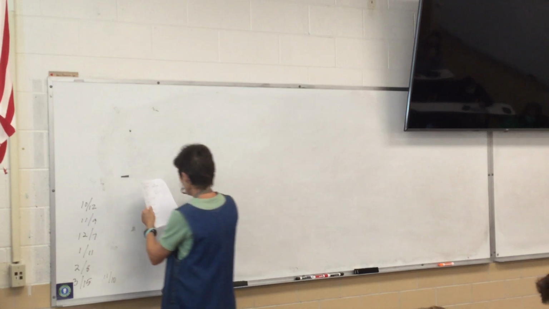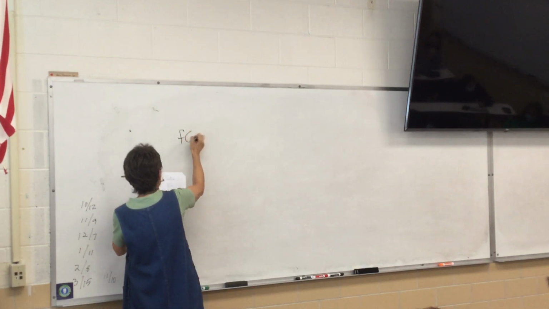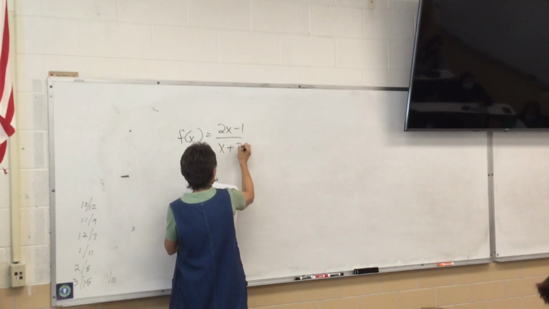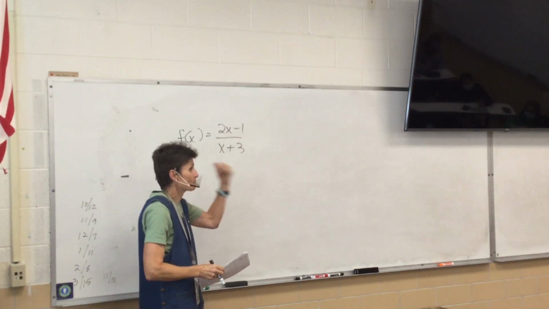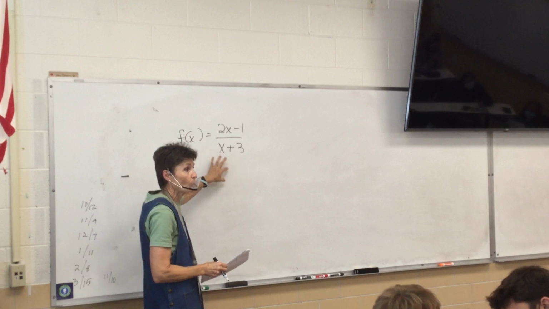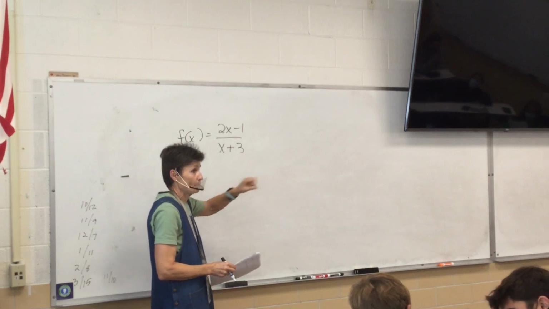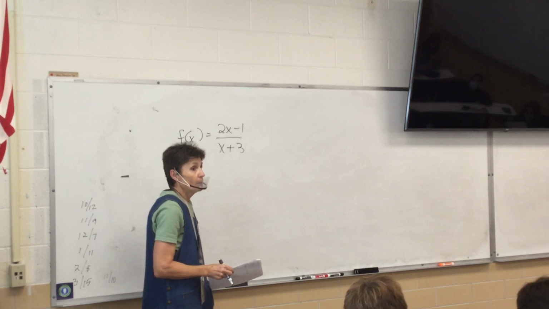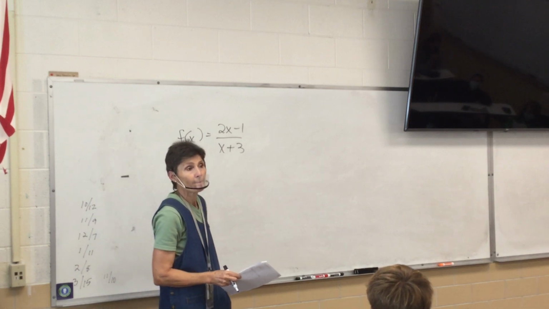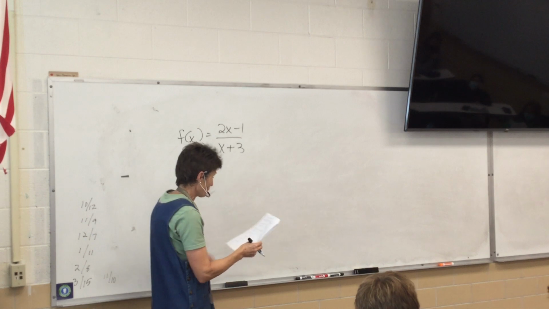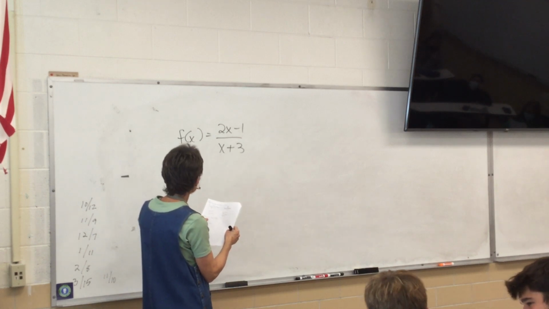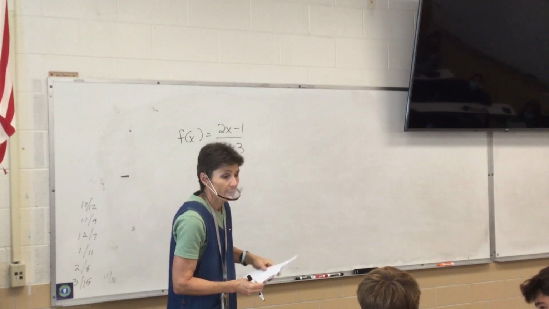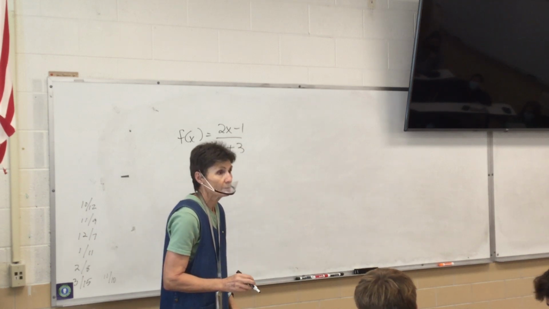Tell me what you know about its domain. Domain, remember, is what can x be? In a case like this, we have x and y. What can x be? Tell me about it. What can x be? Joseph? Oh, did I write it wrong? Oh, no, it can't be what? It can't be negative 3, right?